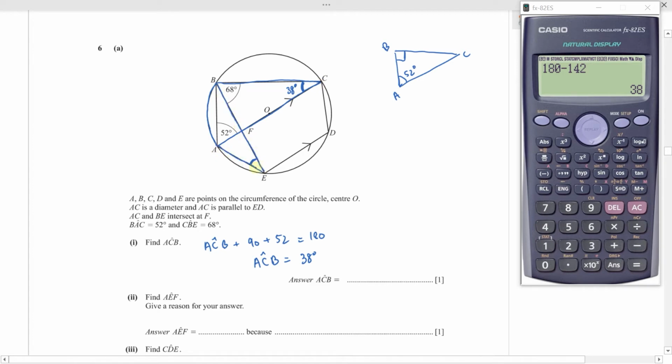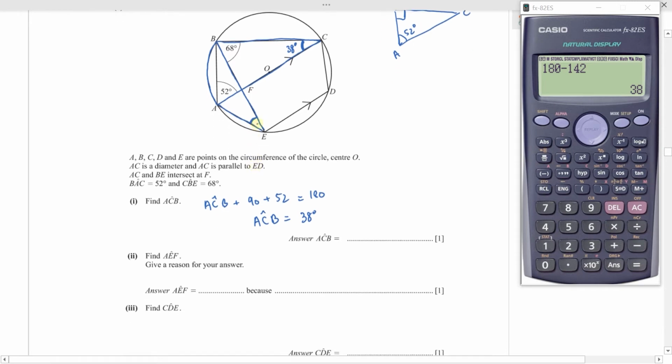So angles in the same segment are equal. So AEF will be equal to angle ACB. So this is also 38 degrees because angles in same segment are equal.